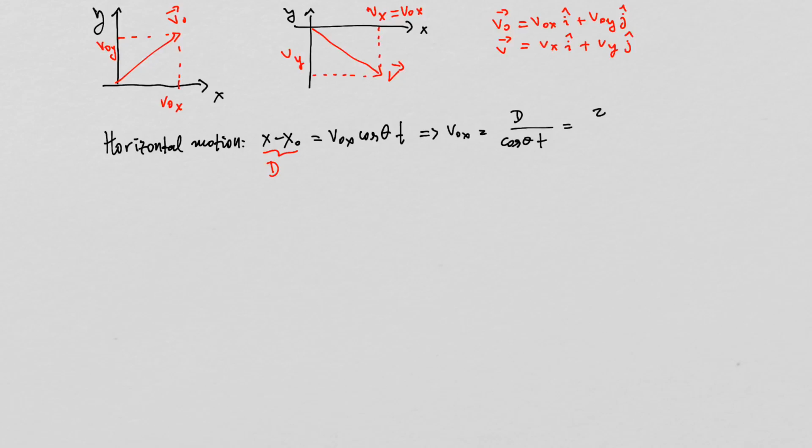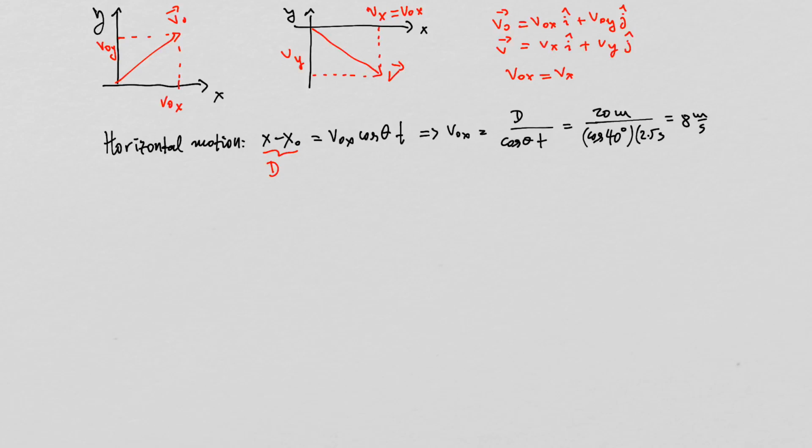So this is 20 meters divided by cosine of 40 degrees times 2.5 seconds. And when you calculate that, that's going to give you 8 meters per second. So we found the x component of the initial velocity and also the x component of the final velocity. One more time, they're equal. So v0x is equal to vx.